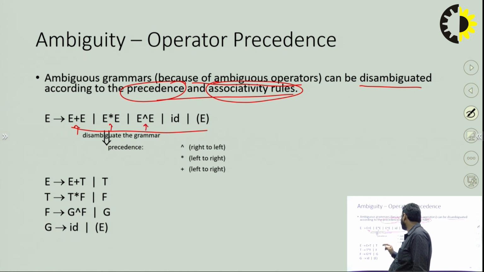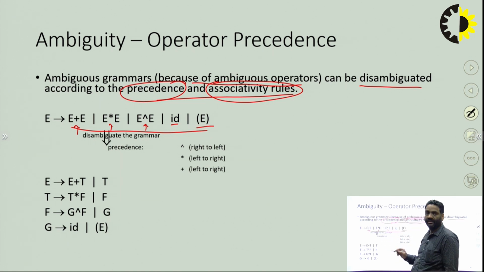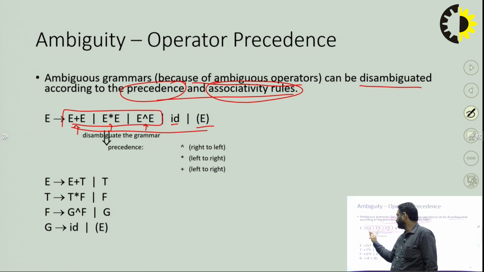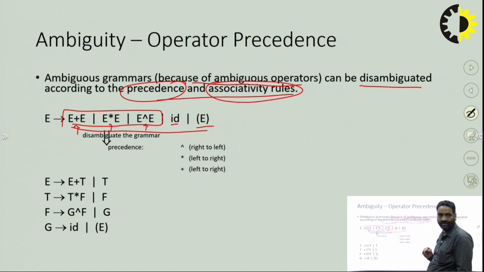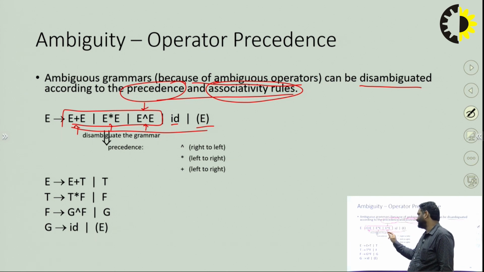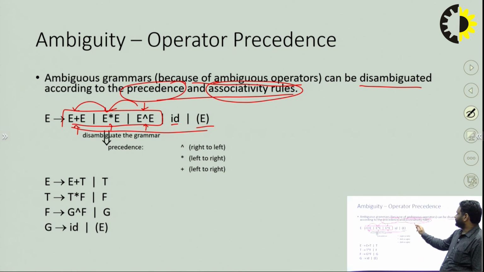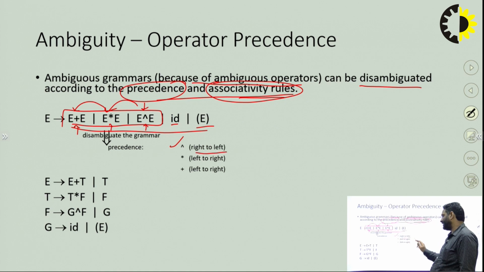Then we have the power operator, and this is a simple terminal. In the first three we have three different operators, and each operator has a precedence. According to precedence, this is the highest, then this one, and then this one. Next, the associativity rules. Power is right to left associative, asterisk is left to right, and plus is left to right.